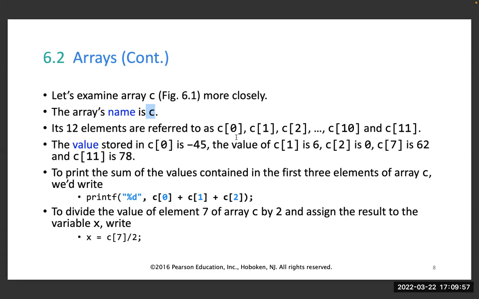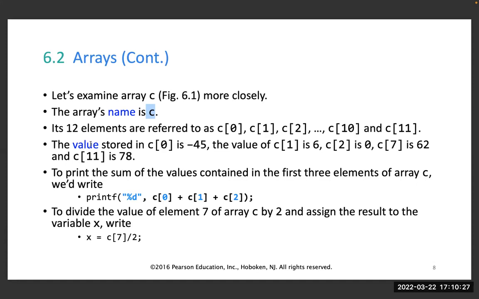Then for elements, we use the name with the index number in square brackets. In other languages, maybe parentheses are used. So C0, C1, C2, C10 until C11. Again, the index number starts from 0.